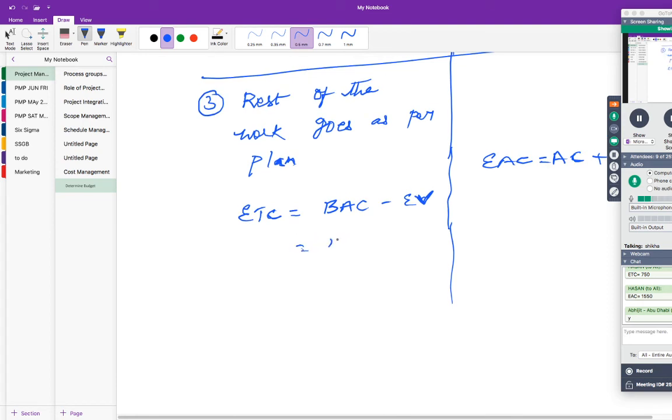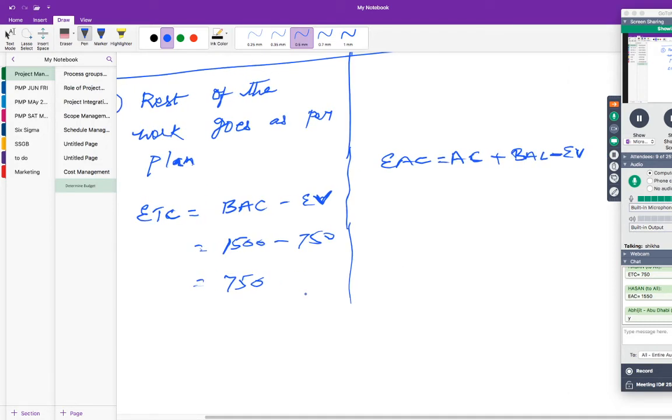So what is your BAC? 1500. What is your EV? 750. So ETC will be 750, correct? But you have already spent how much? 800. There was a cost overrun, right?